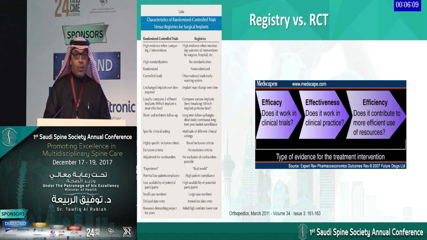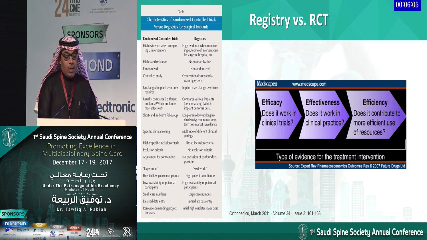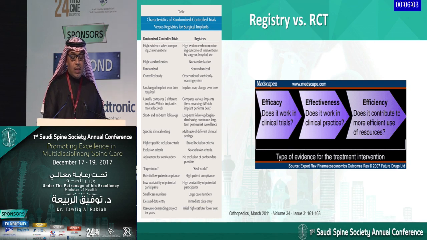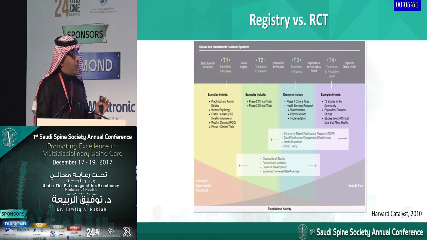And then eventually we assess it with registry studies to see, does it contribute to efficiency and resource utilization? So we say that the registry is real data and the randomized trial is an experimental study. This is the whole spectrum of translational research. We start with basic science all the way to population health.